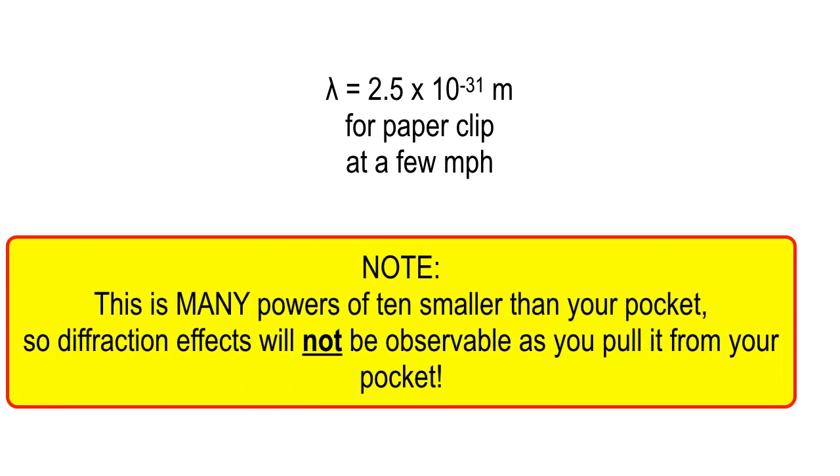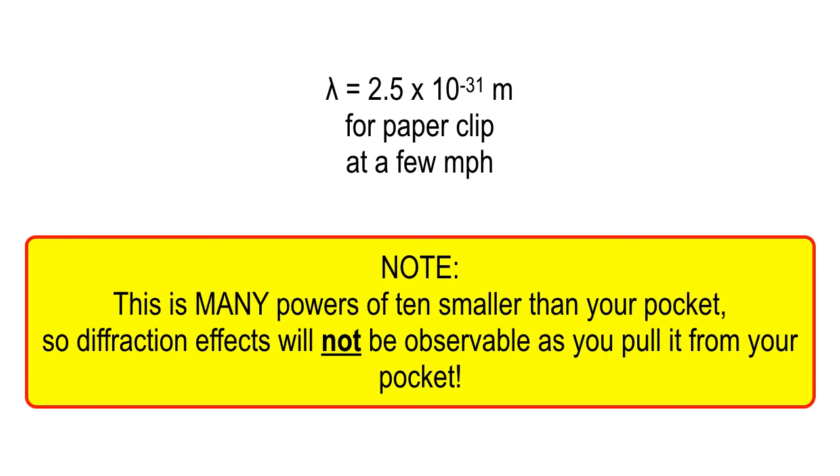So that's why diffraction effects will not be observable for macroscopic objects like a paper clip or like you. Now, if you were an electron and that door was a nanometer or something, then you'd diffract. Electrons would diffract through a door, a gap of a nanometer or so. Your wavelength is even smaller than this because we weigh a lot more.